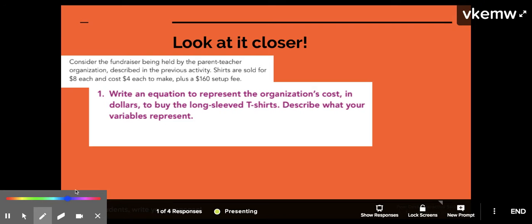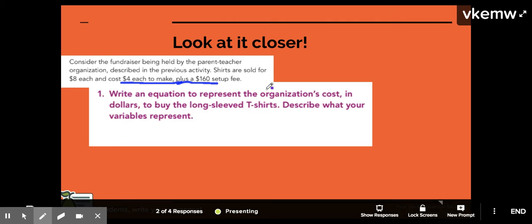One thing I'm going to highlight here is that if we're looking for an equation to represent how much it's going to cost the organization to buy these shirts, we want to look here. It's going to cost the organization $4 for each shirt plus $160. So I want you to look there as you're making your expression.